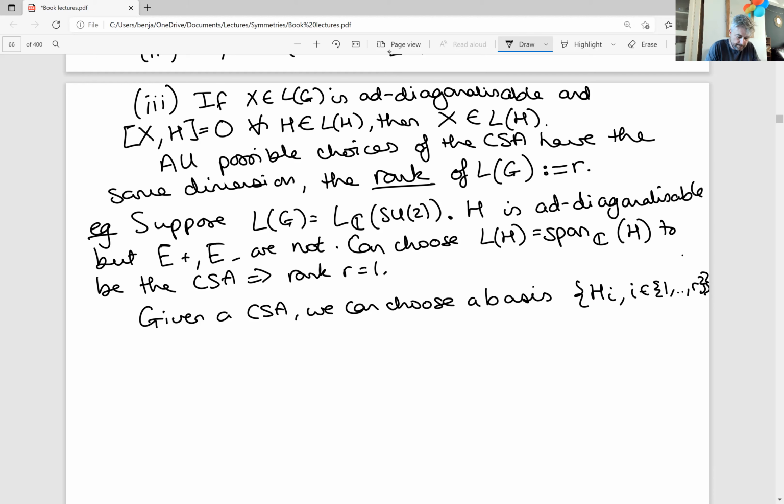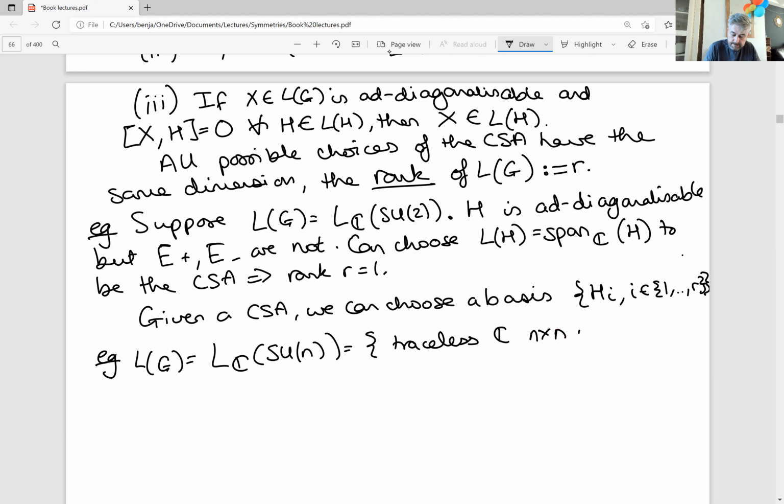So let's give you another example. Let's take the Lie algebra to be the complexified form of the algebra of SU(N). So this is the set of all traceless complex n by n matrices. The diagonal elements are a natural choice for the Cartan subalgebra.